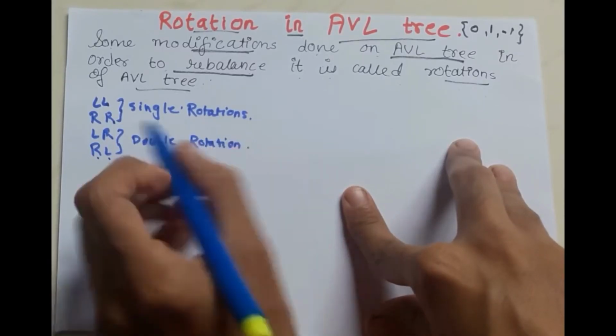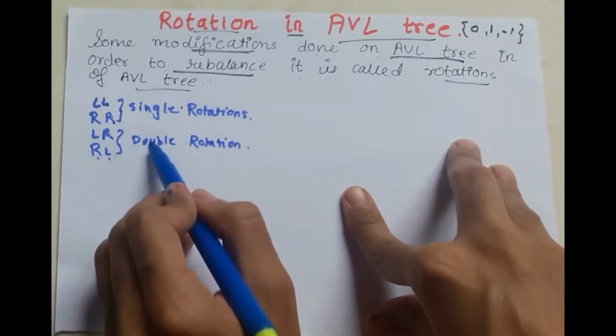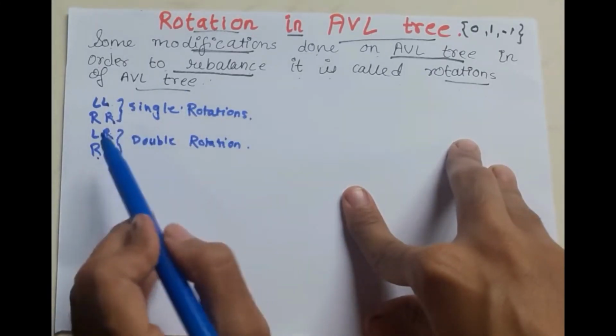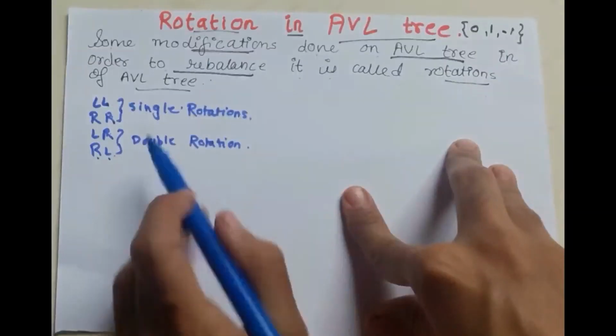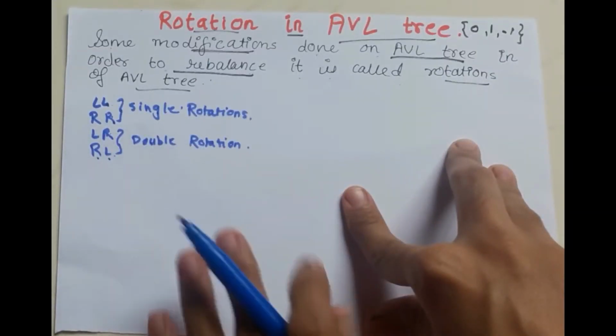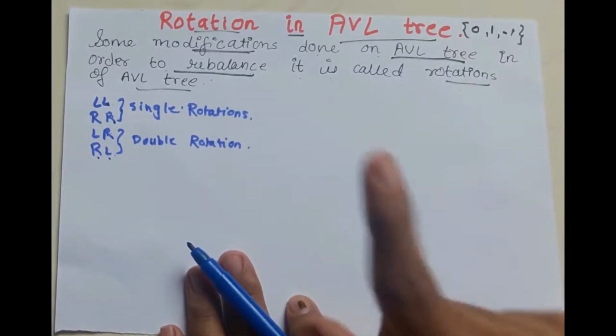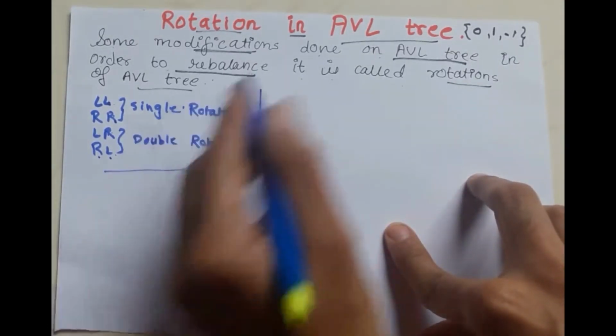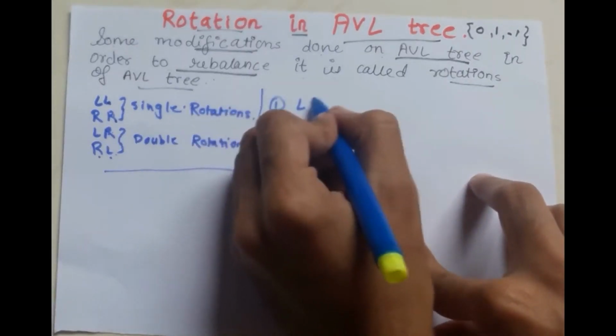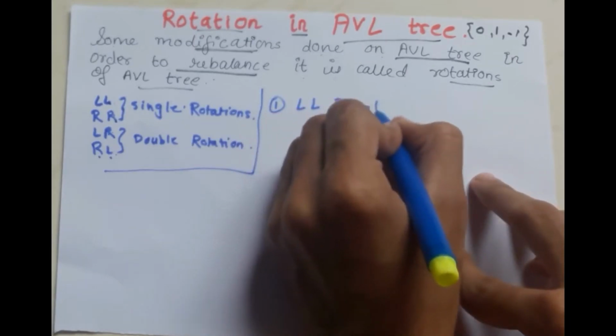Why so? You will get the reason when you see these 4 types of rotations, why these two are single and why these two are double. Okay. So the first one is LL rotation.